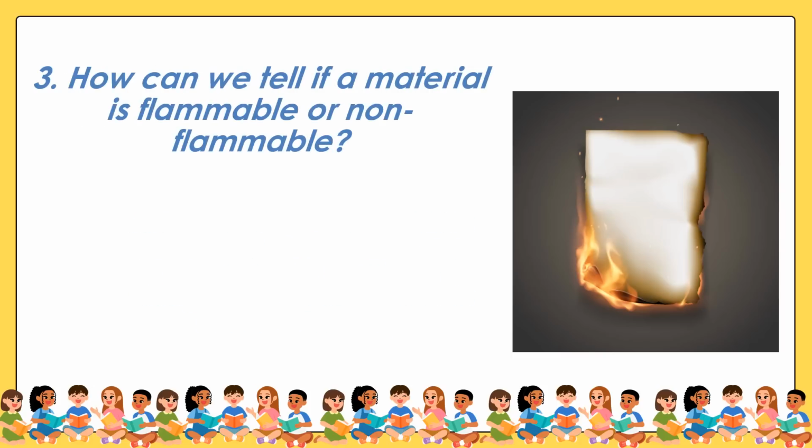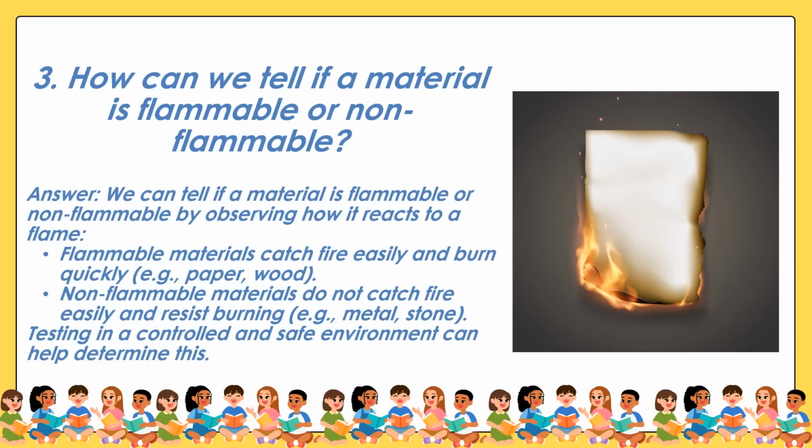Third question. How can we tell if a material is flammable or non-flammable? And here is the answer. We can tell if a material is flammable or non-flammable by observing how it reacts to a flame.